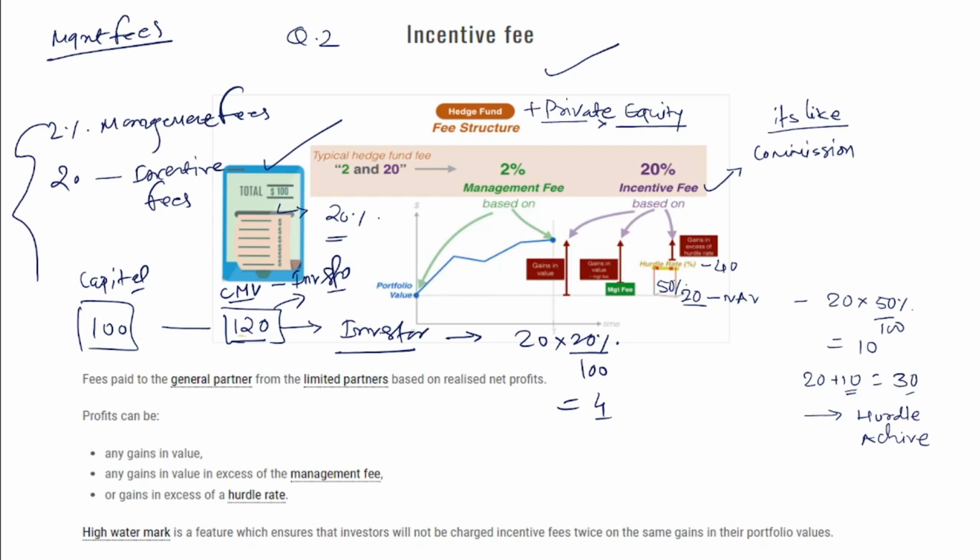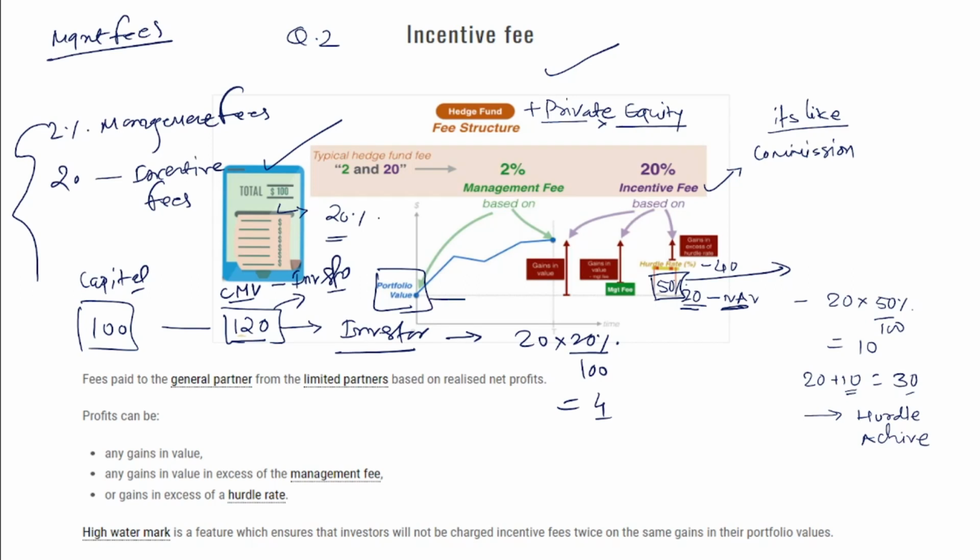Or here, take the example where the investment value at the time of initiation is 20. That would be the base NAV, and the hurdle rate means the performance rate. It is a benchmark, a target that every fund sets. It's like in a marketing business, where directors or managers set a target for each employee.